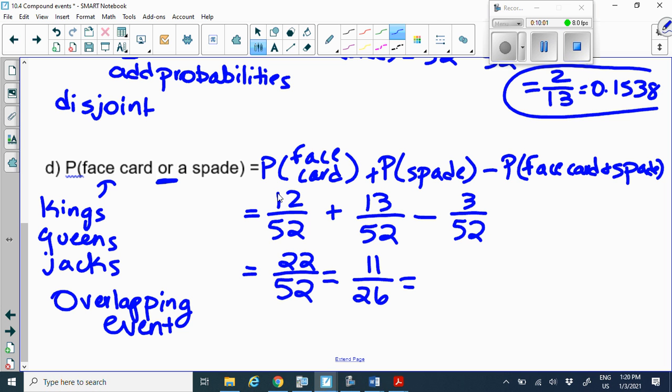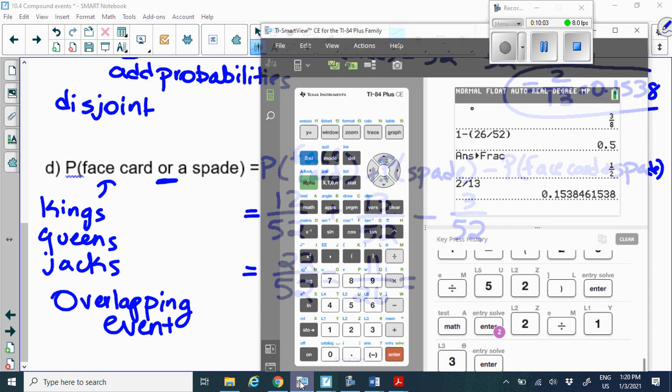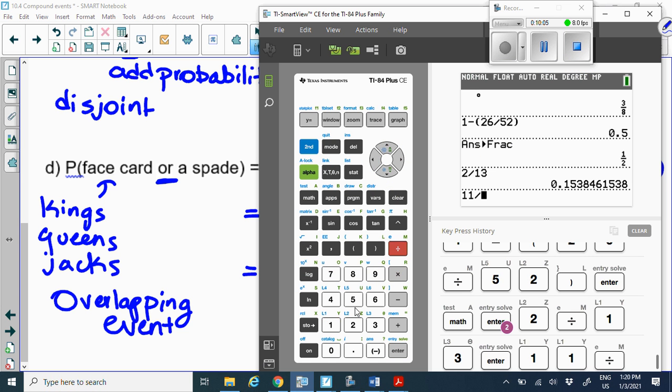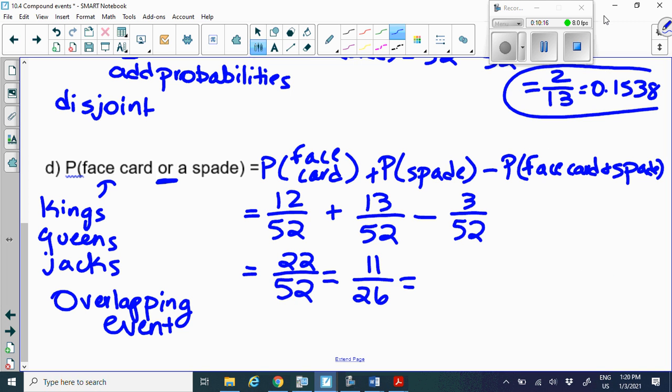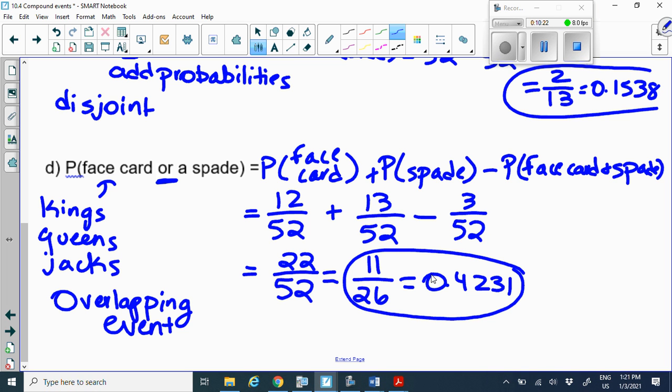Another way of saying this, if we do 11 divided by 26 in our calculators, can be 0.4231. And that would be our final answer. So you can see definitely using the card handout is going to help a lot. Okay, let's go do our next problem.